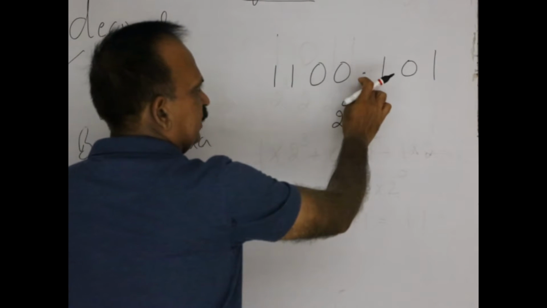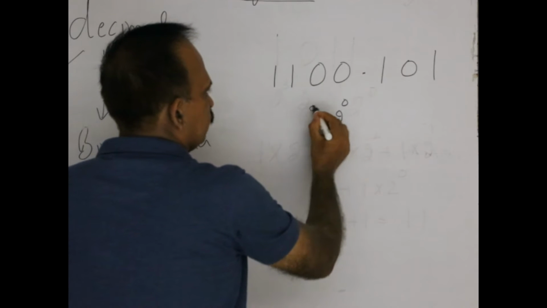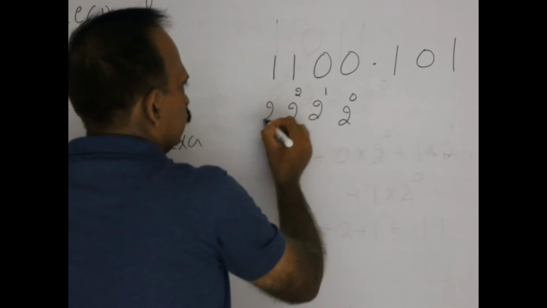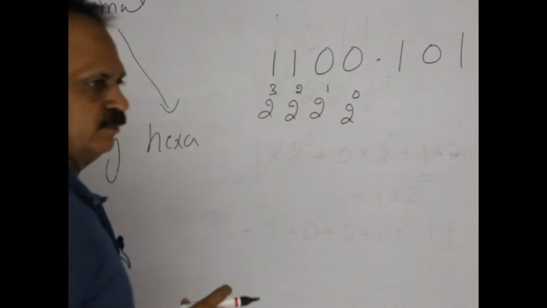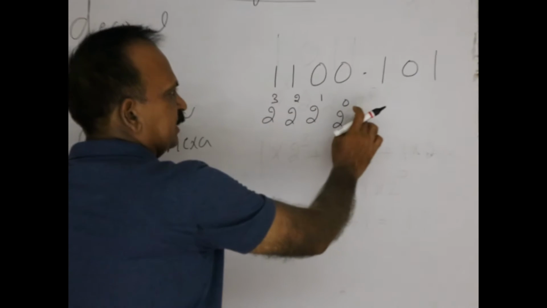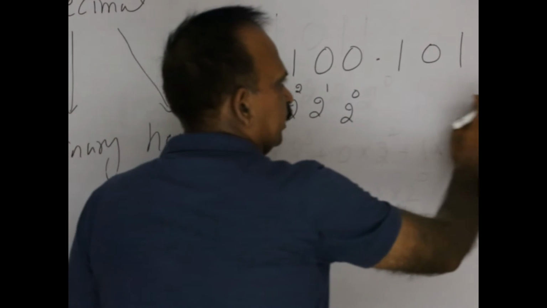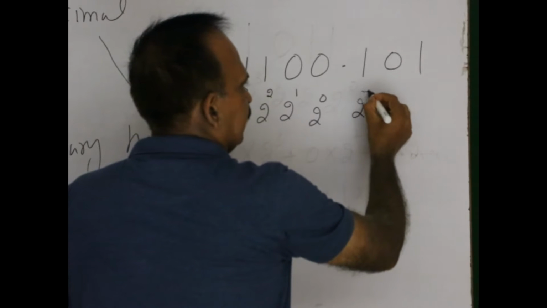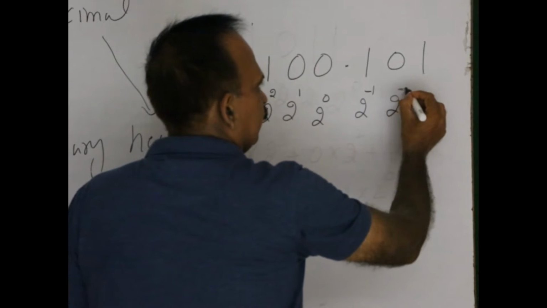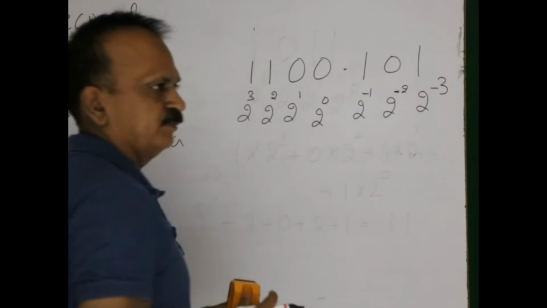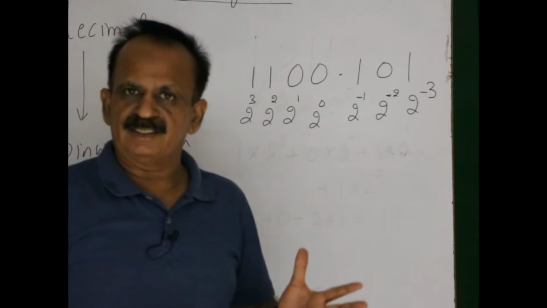I started with the decimal point. 2 raised to the power 1, 2 raised to the power 2, 2 raised to the power 3. What about the fractional part? Here I will start with the decimal point and I will write down the decreasing powers of 2. 2 raised to the power minus 1, 2 raised to the power minus 2 and 2 raised to the power minus 3. The rest procedure is the same.